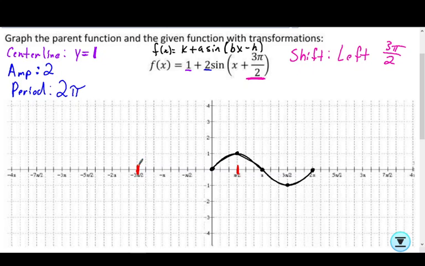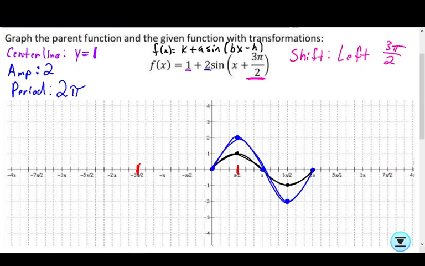Whenever I graph trig, I always start with my change in period. Since I don't have one, I don't have to do any horizontal stretch or compression. I do have a change in amplitude, so that's what I'm going to do first. My zero's still at the same spot, but since my amplitude has changed, my maximum and minimum are now at 2 and -2.